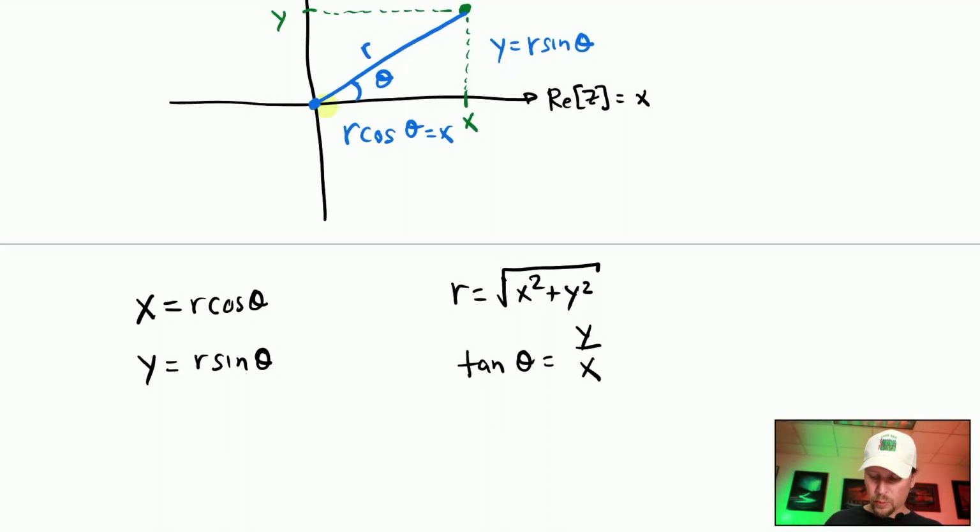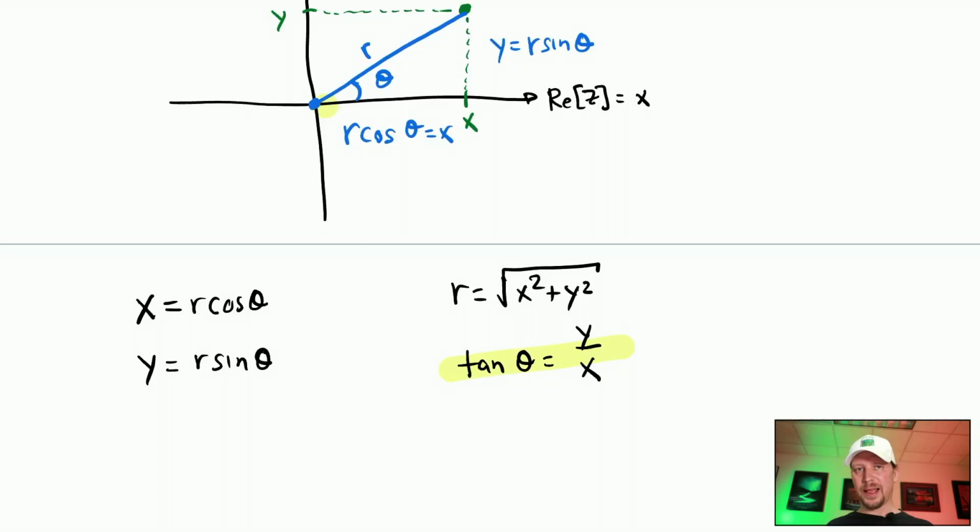I do want to give you a warning when it comes to this. You do actually have to be very careful with this angle because the angle itself can range all the way from 0 degrees all the way to 360 degrees. And when you're using the tangent function, it will not distinguish between components that are in the first quadrant and the third quadrant, or the second quadrant and the fourth quadrant.